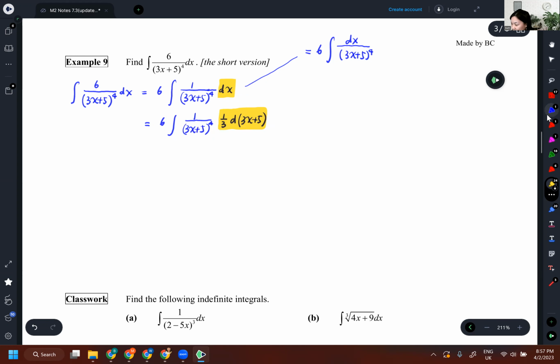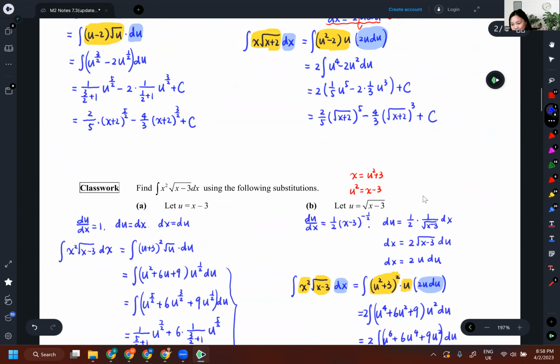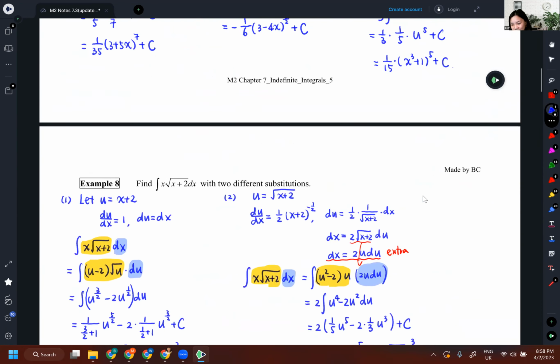But do you see? You use the long version to compare. Look here. This is the long version. That's a similar question. I changed dx to 1 over 5 du.